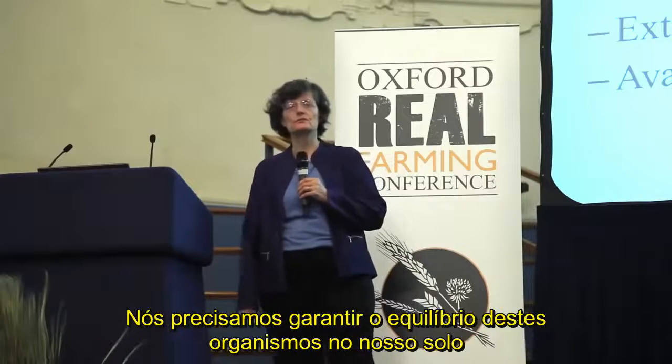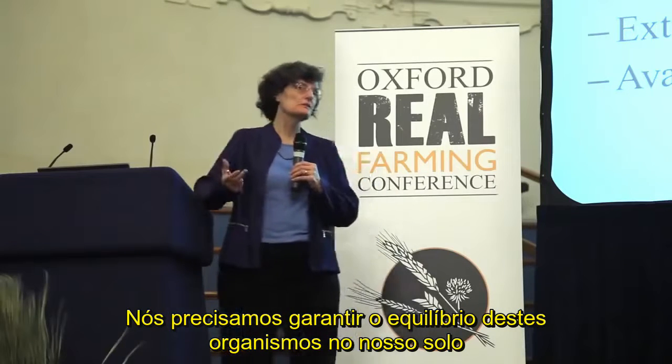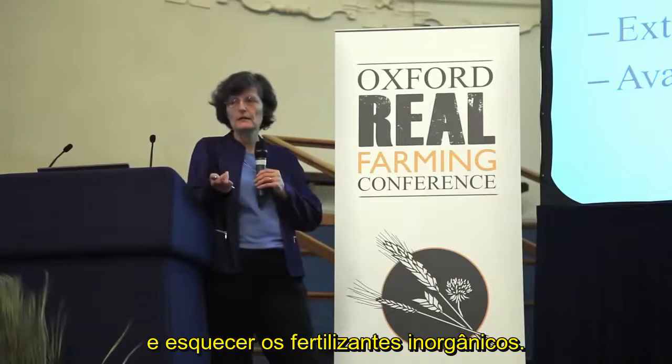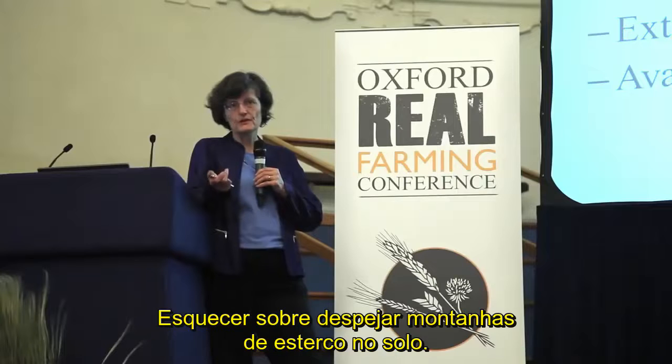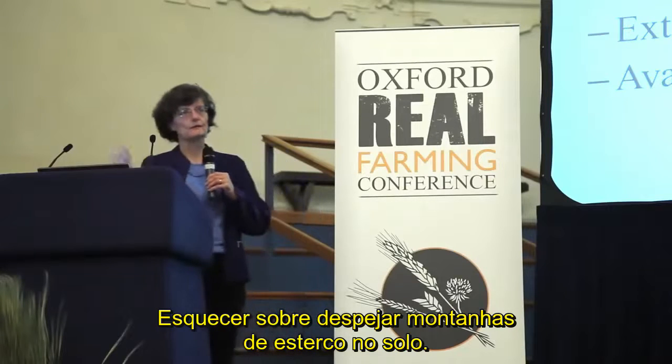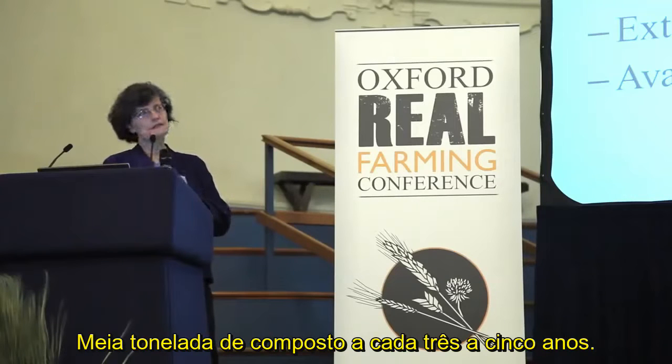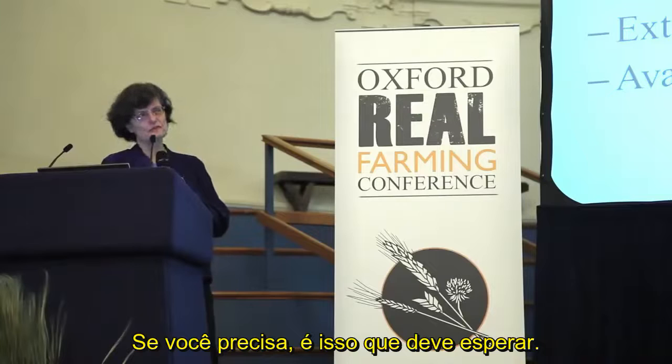We need to make certain that the proper balance of these organisms are present in our soil, and then forget about the inorganic fertilizers. Forget about pouring manure on your soil. A little bit of compost. Half a ton of compost every 3 to 5 years, maybe, if you need it, that's what you should be thinking about.